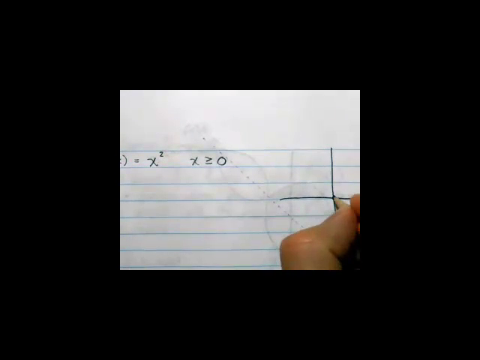Yep, vertex is on the origin, but what else? It's only half of it. It's only when x is greater than 0. So it would look like that. It's when x is greater than or equal to 0. So the left half of this parabola doesn't even exist.